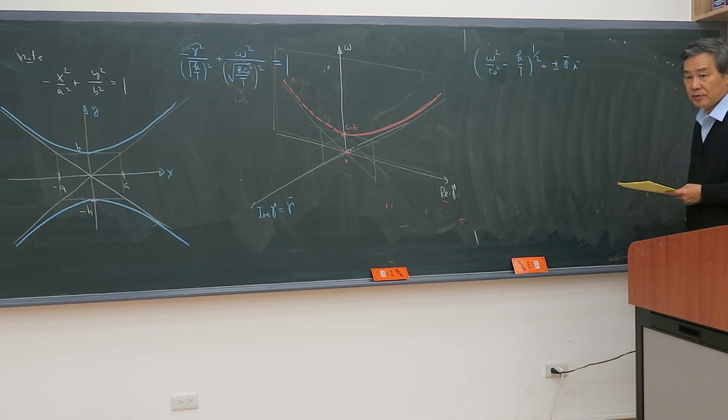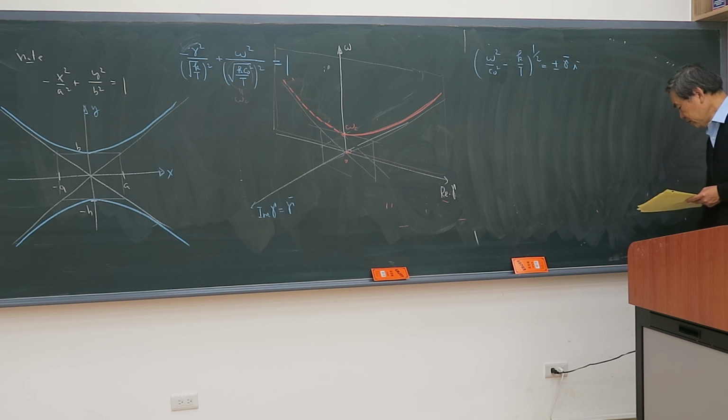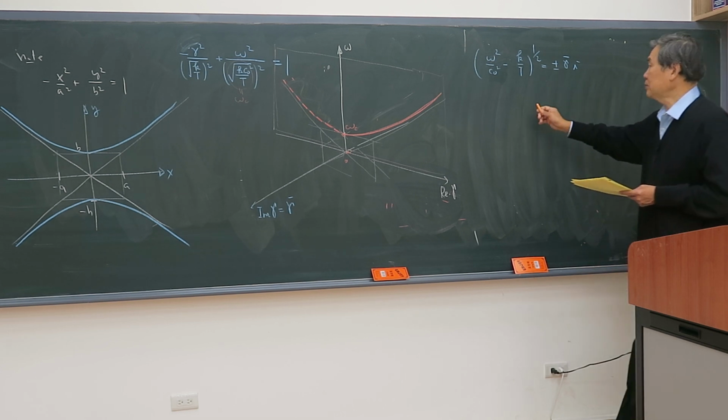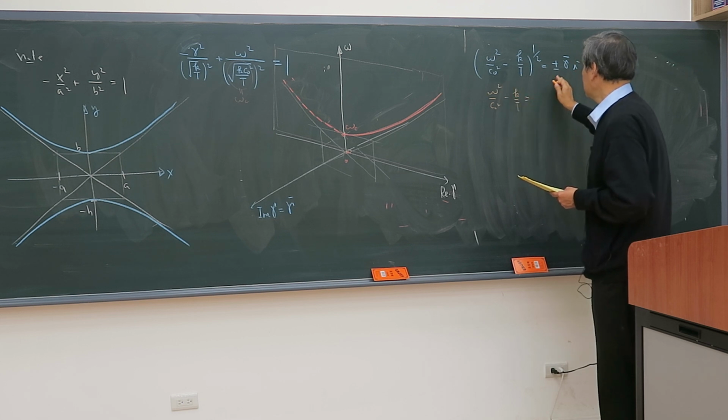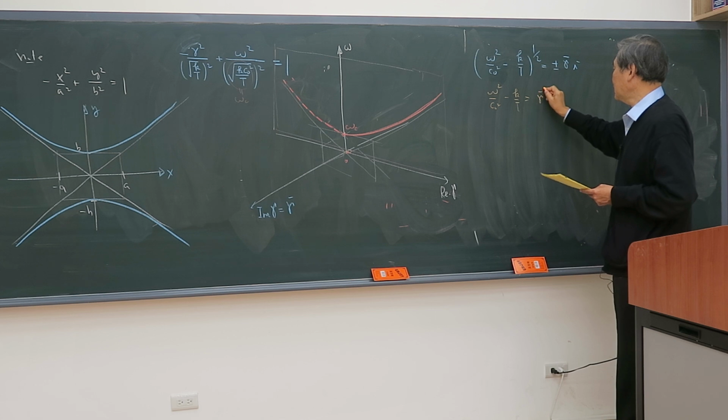This is my second equation. So you square both sides, you have omega over C0 squared minus K over T equal to positive gamma bar squared i squared.